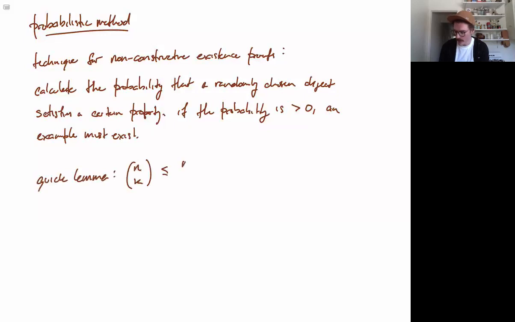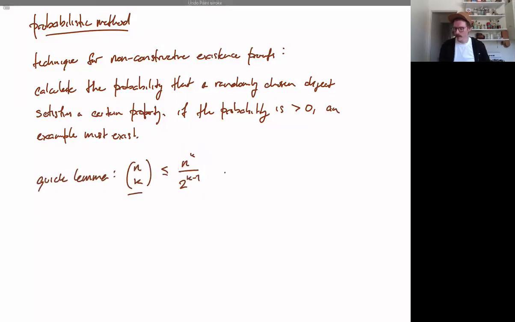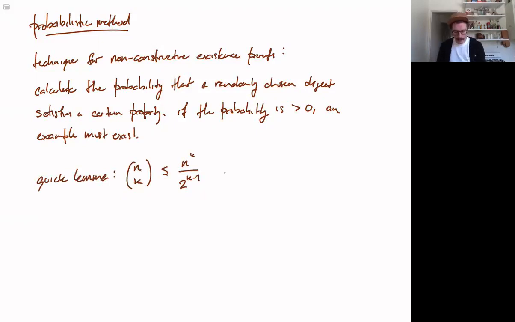This is just some technical thing, so we don't need to worry about it too much. But here's the statement: n choose k is at most n to the k divided by 2 to the k minus 1. It's quite a simple thing. Let's give a little proof.